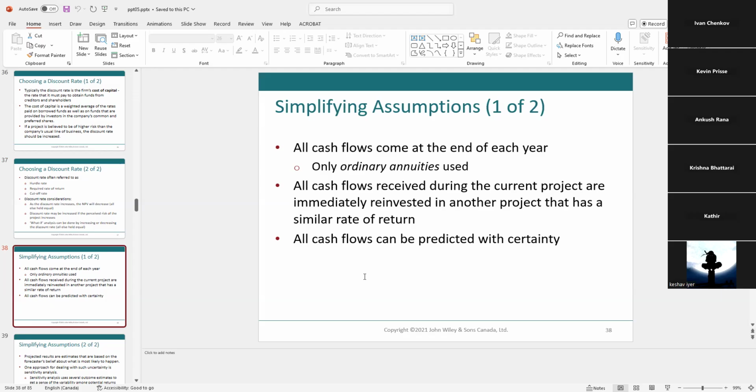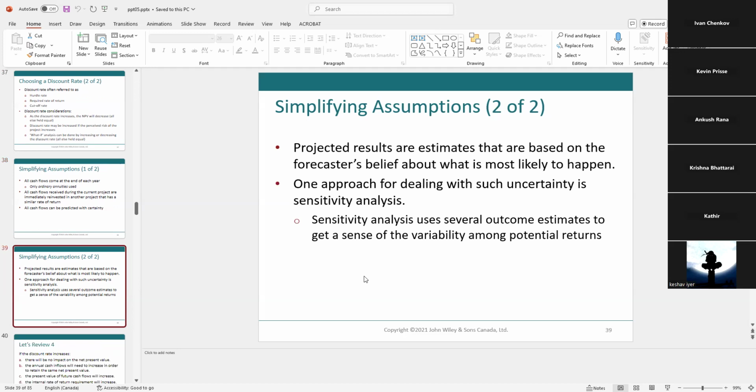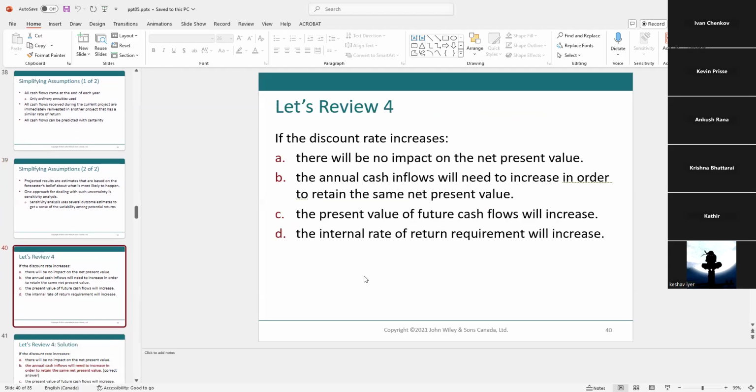Because if any of those is uncertain, we cannot make a calculation. Also, projected results are estimates based on forecast beliefs about what most likely is going to happen. One approach to dealing with this uncertainty is to do sensitivity analysis. So tell me, if the discount rate increases, what's going to happen?